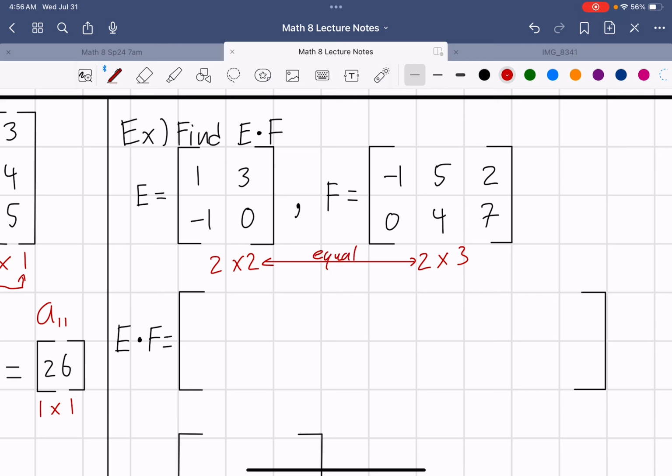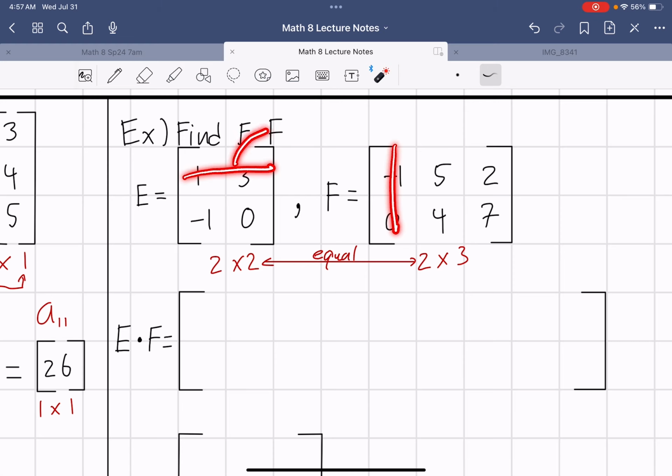Not the dimensions, because clearly 2 by 2 is not 2 by 3, but the column and the row are equal. Hence, that's going to leave me with a 2 by 3 matrix. But this is a part where it does get lengthy, because we're going to be doing this multiplication process about 6 times. So like I said, we take the first row and multiply it with the first column.